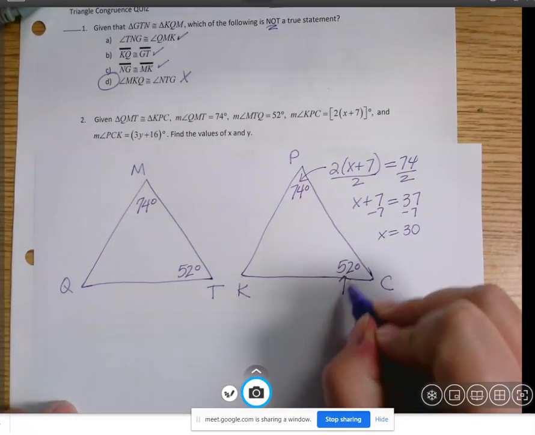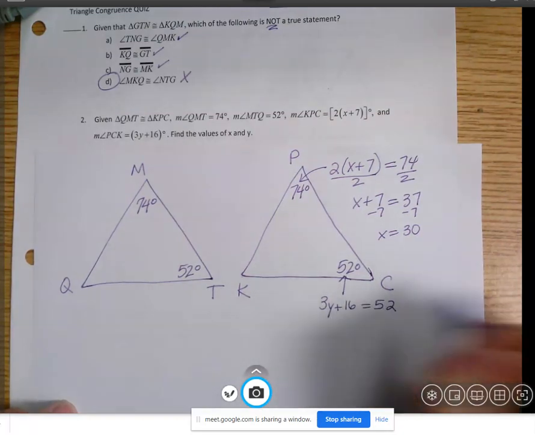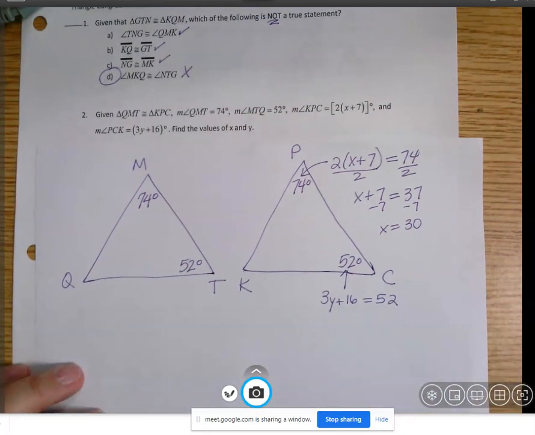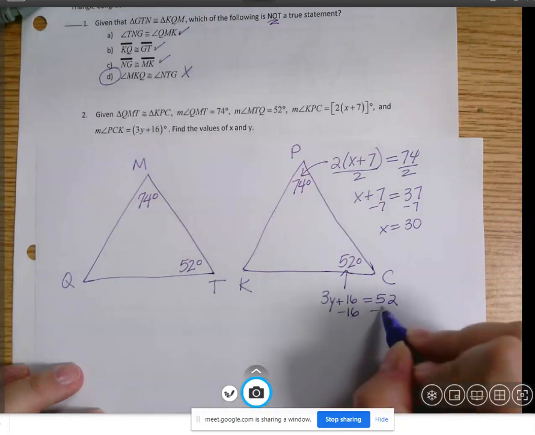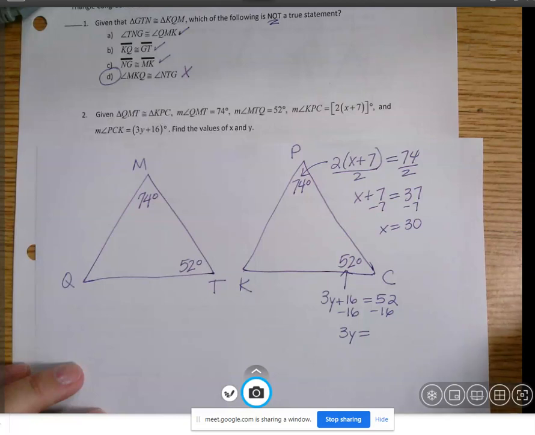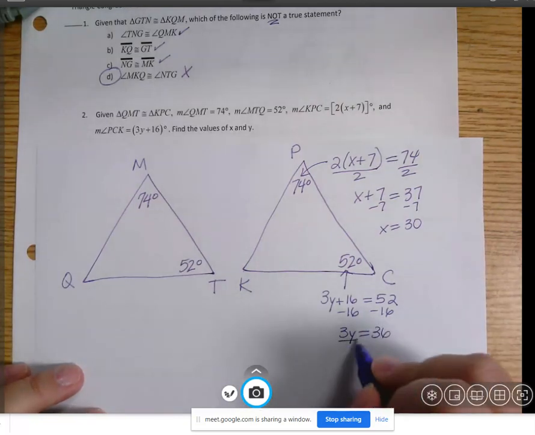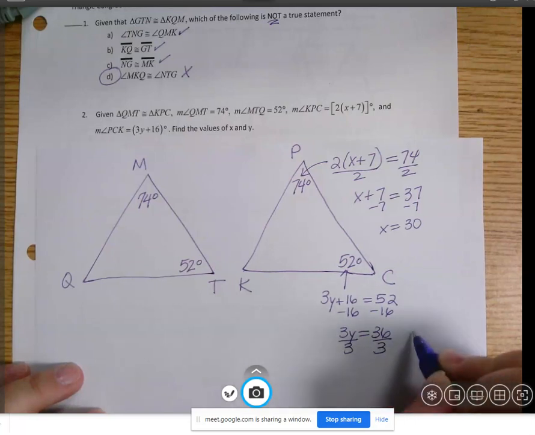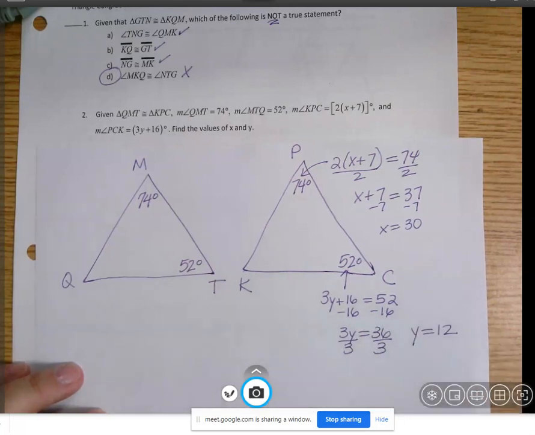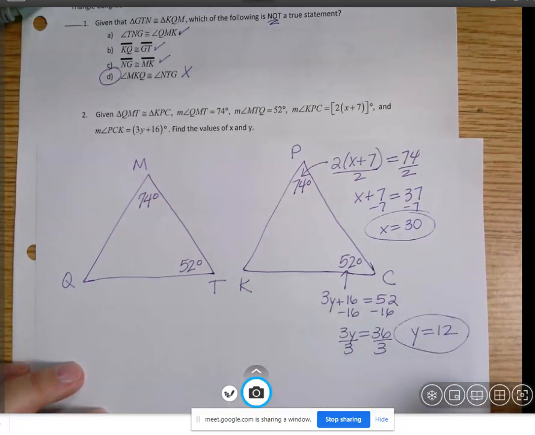So 3y plus 16 has to equal 52. Subtract 16 from both sides, and I've got 36. Then I divide both sides by 3, and y is 12. Okay, and that's what I was asked for, to find the values of x and y, and I just did. So x is 30 and y is 12.